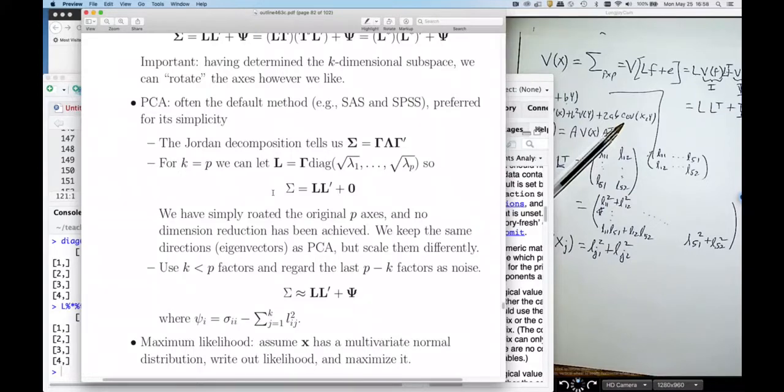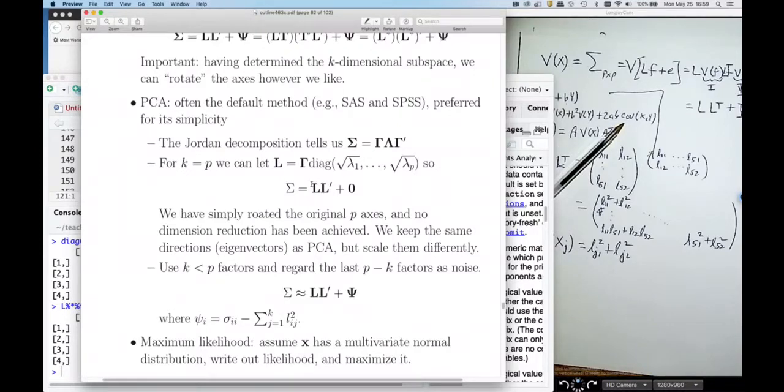So one approach is to use principal components analysis to find this lower dimensional subspace. And actually most of the time when you run a factor analysis in software like SPSS or SAS, you're really just running a principal components analysis, but they call it a factor analysis. So if you use the default configuration, you get a PCA.